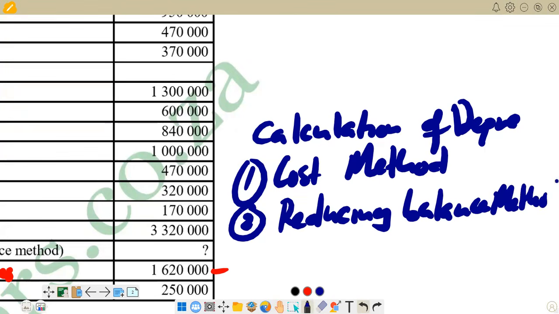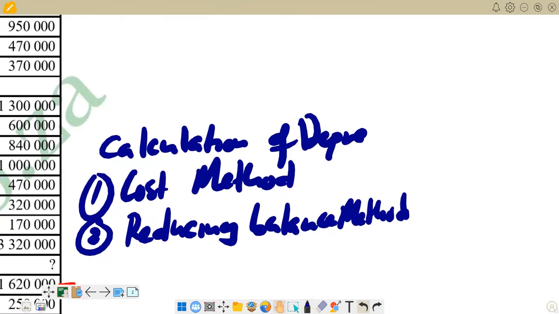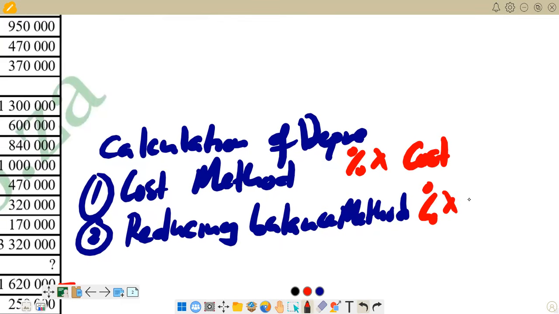The formulas that we use for these two different methods are different. When we are on the cost method, we just take the percentage that we are given, then we multiply it by the cost price of that non-current asset. Then on the reducing balance, we take the percentage and multiply it by the carrying value or the net book value.